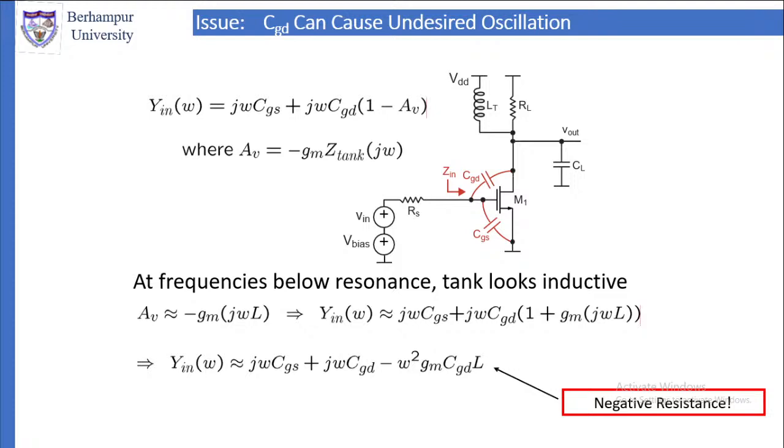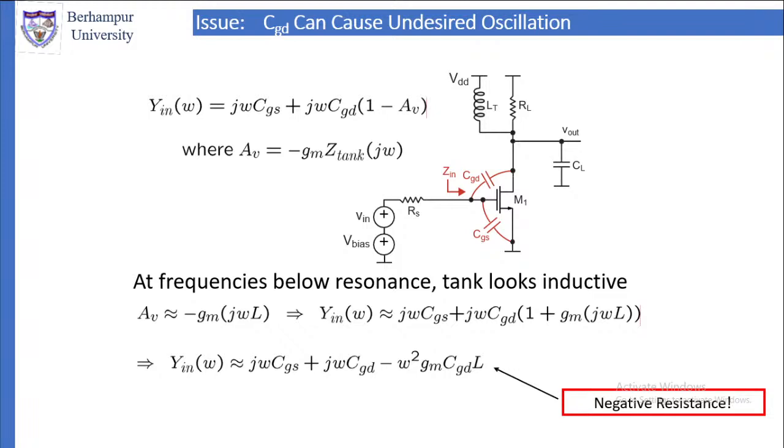Now they will definitely be present, and when they are present, they cause undesired oscillation. Why will they cause undesired oscillation? The reason is simple. When you have oscillation, the frequency is 1 upon root LC. If there is a change in the total capacitance because of the gate to drain capacitance, then the oscillation frequency will change. Now look at the circuit.